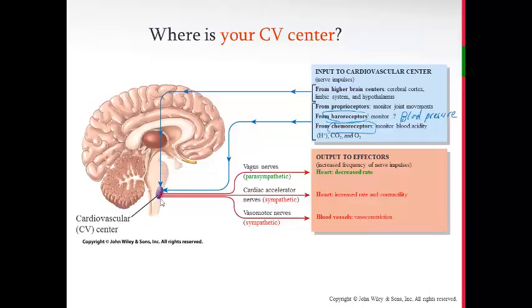Do you remember which part of the nervous system this was with? Was it the pons or the medulla? It's not the pons. The pons is right here, so it's in the medulla oblongata that we have our cardiovascular center.